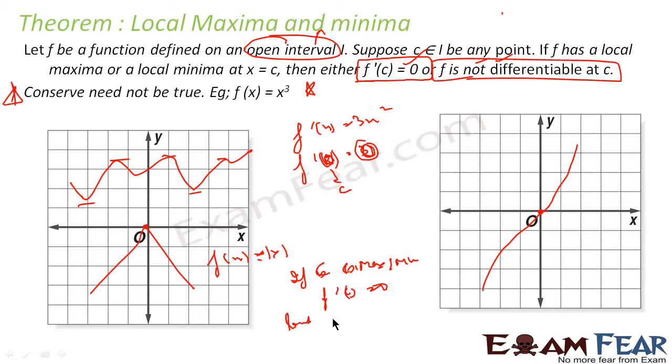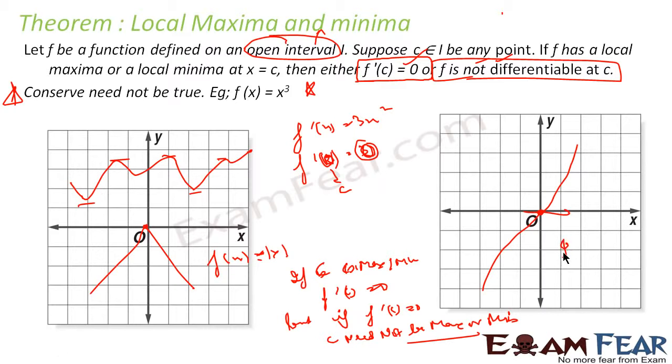But if f dash c is equal to 0, c need not be max or min. It is not guaranteed, because at some points, when you see f dash c, you get slope 0. Here also the slope is 0 actually.